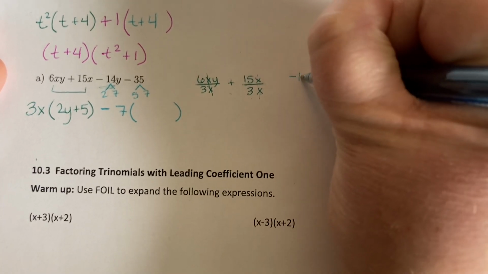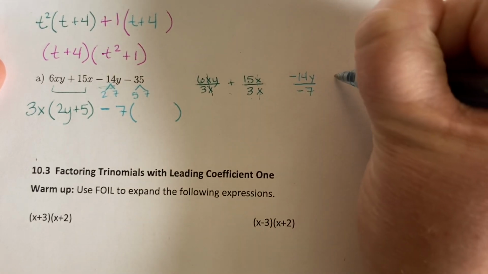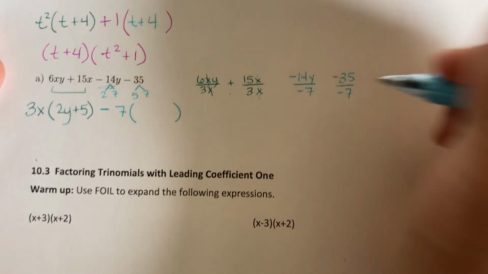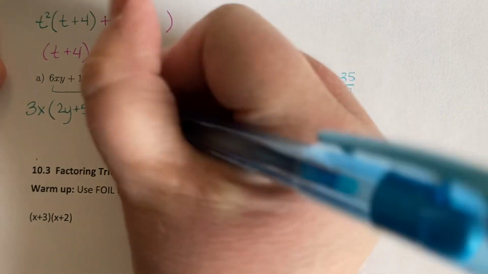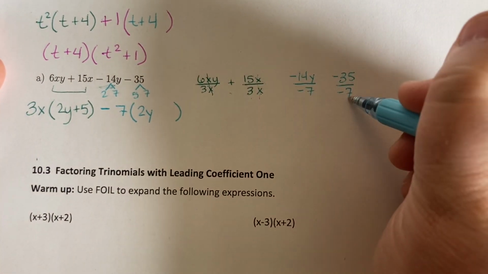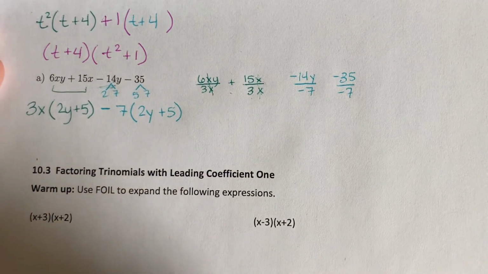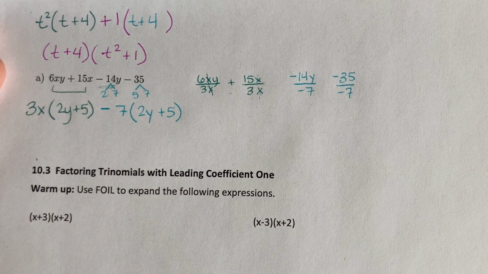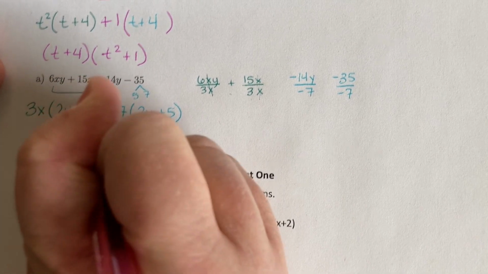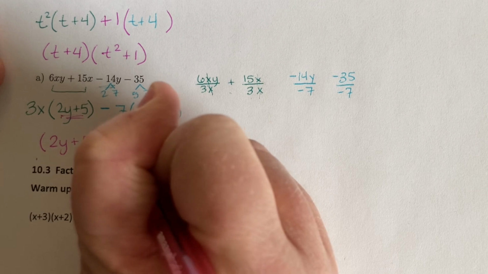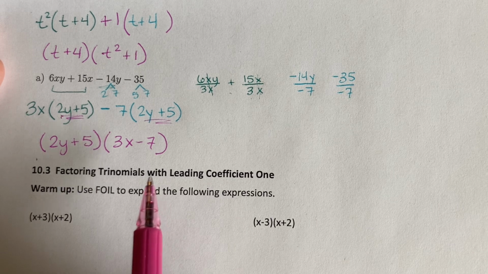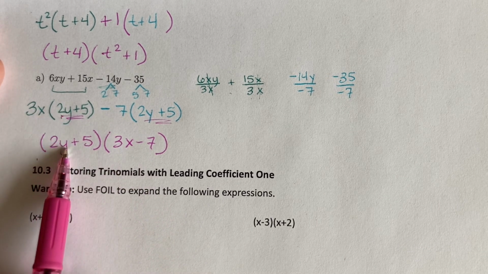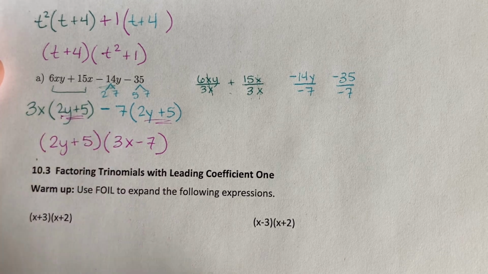So we have negative 14y divided by negative 7, and then negative 35 divided by negative 7. A negative divided by a negative makes a positive. So this will be 2y, and a plus 5. Oh, look, the parentheses match. That's the nice thing about this method, is that you know pretty much whether you've done it right. Because if the parentheses don't match, you know that something needs to be redone. But the parentheses match, 2y plus 5 comes out, and 3x minus 7 is what's left over.